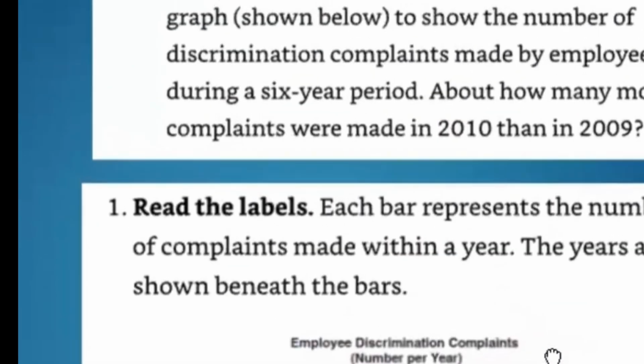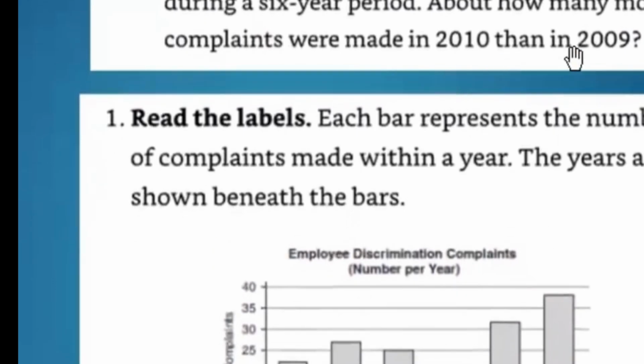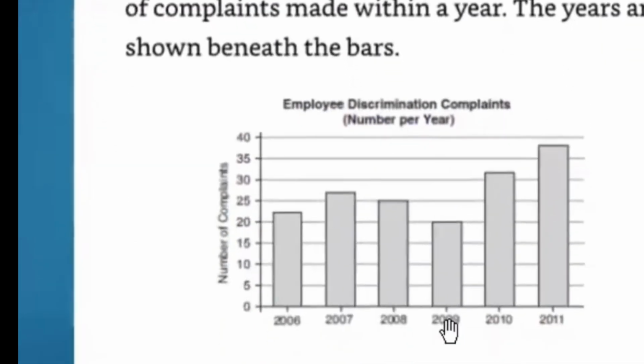So the question again is asking, how many more complaints were made in 2010 than in 2009? Well, we know that in 2009, the bar stops here, and so we follow that to the y-axis, and we see that 20 complaints were made in 2009.